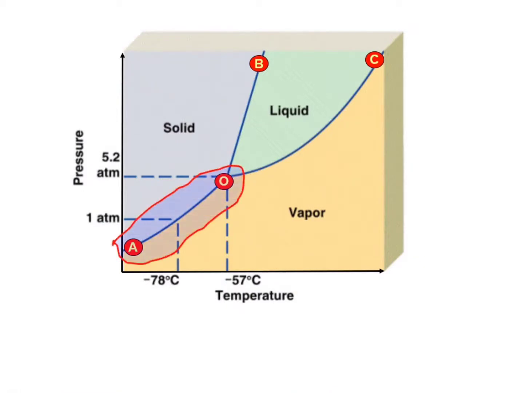Okay, next we look at the line OA here. Saya akan explain setiap perkara yang ada dalam this phase diagram. Okay, for line OA here, actually the phase involved here for carbon dioxide, which is the solid carbon dioxide and the gas carbon dioxide at equilibrium.